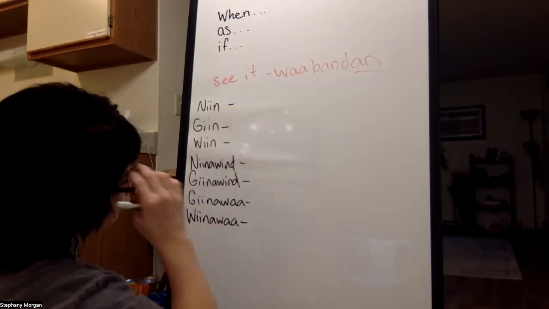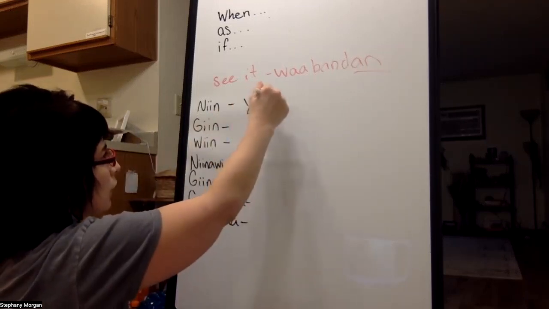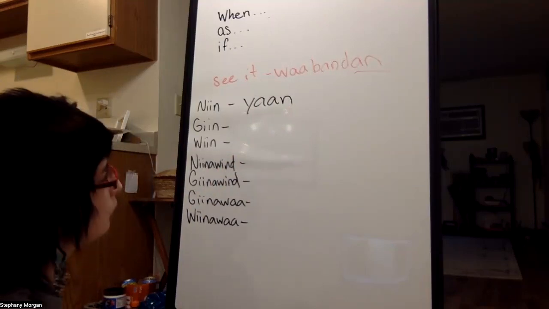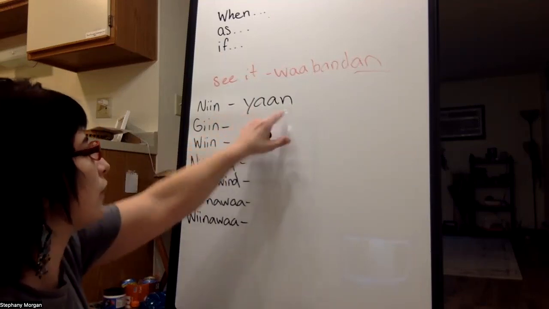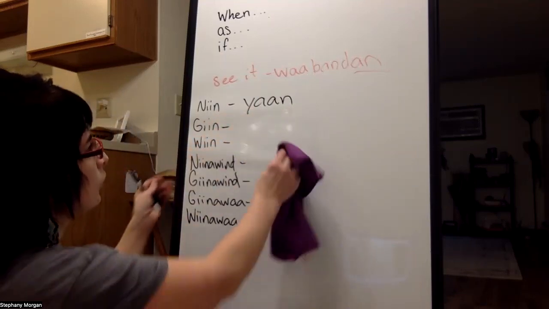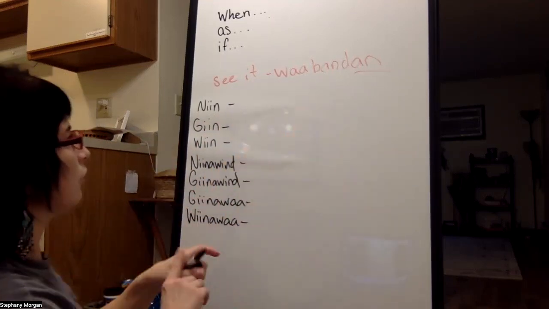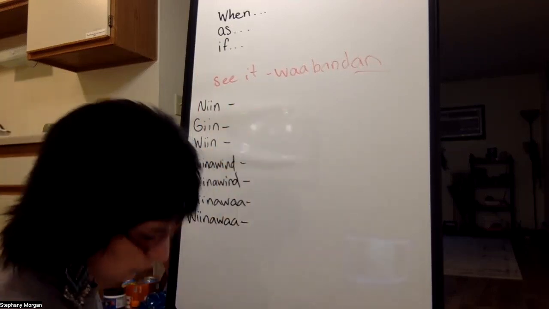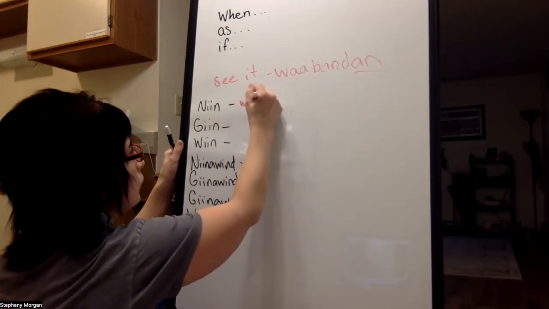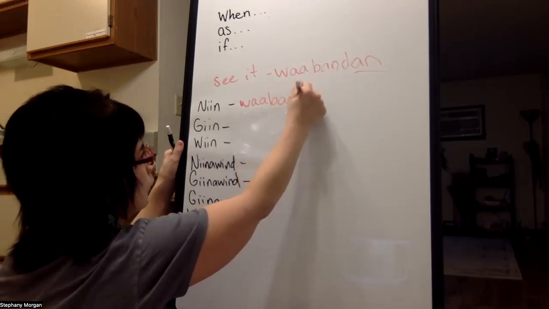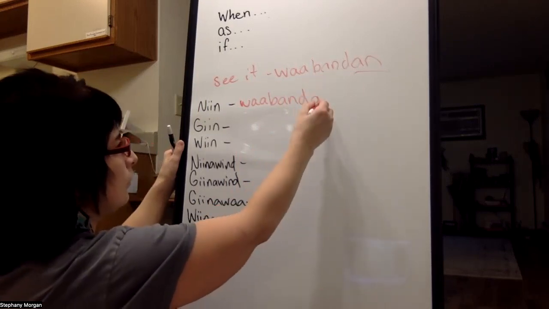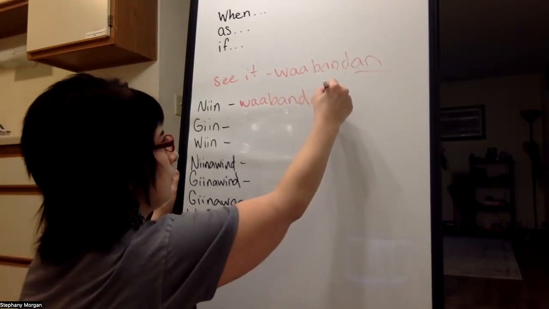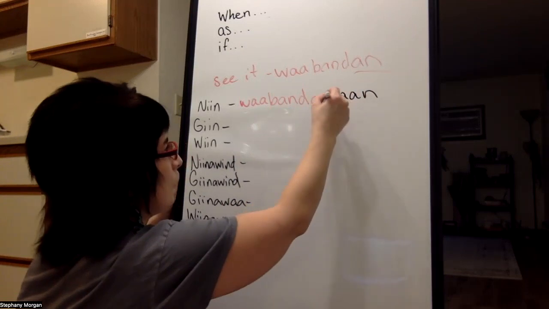In A form, you see yan on the end of a word, and in B form for VAIs, you see this yan on the end of a word. But since we're talking about a verb that ends in an, if I want to say when I see it, we're going to have wabanda, and instead of n here, you get man.